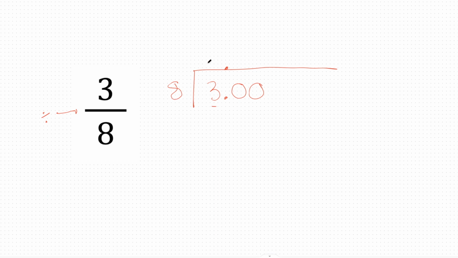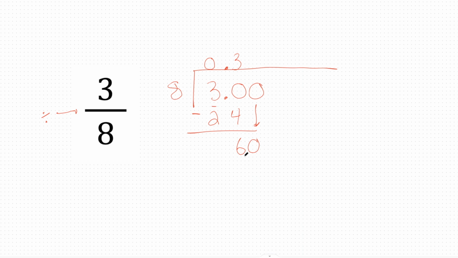Then we say, can 8 go into 3? The answer is no, so we put a 0 here. Then we say, does 8 go into 30? Yes, it goes 3 times. 3 times 8 is 24. Notice how I line up the 24 right under the 30. Then you subtract: 30 take away 24 is 6. Then you bring down this 0, all the way down like this. Can 8 go into 60?